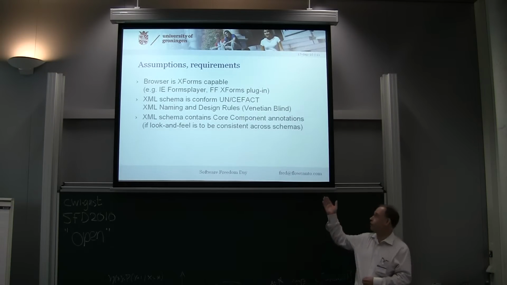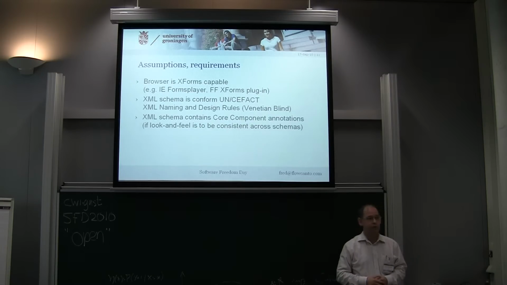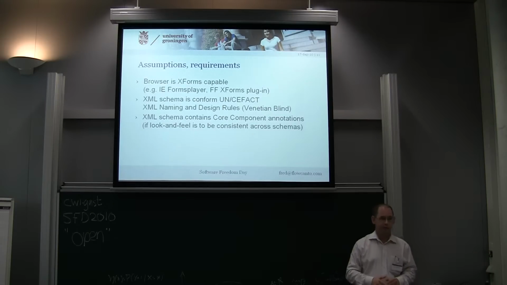If there's an annotation on core components, then it uses the core components as the presentation control, and that has the advantage that they are hierarchically organized, so you can have specializations there. That is not possible within XML text.